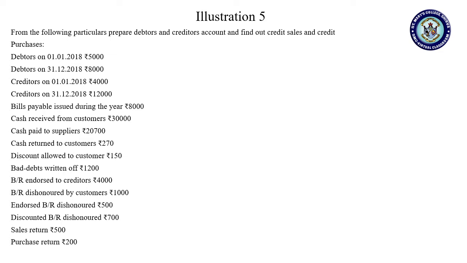Discount allowed to customer, rupees 150. Bad debts written off, rupees 1,200. Bills receivable endorsed to creditors, 4,000.